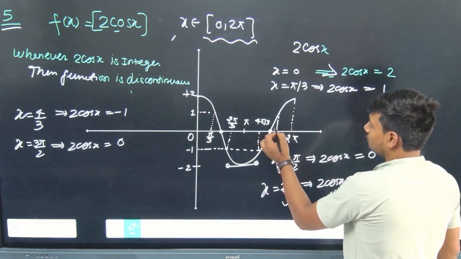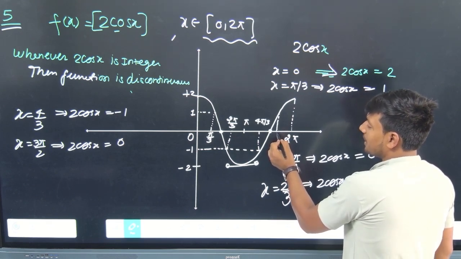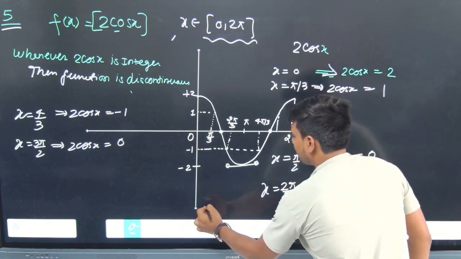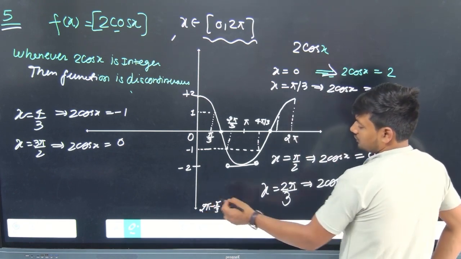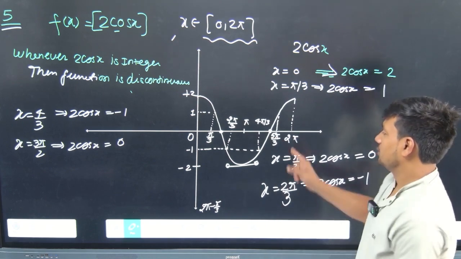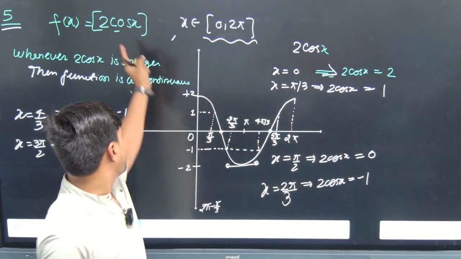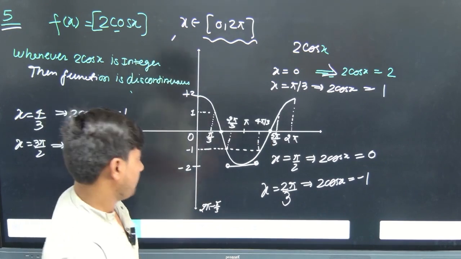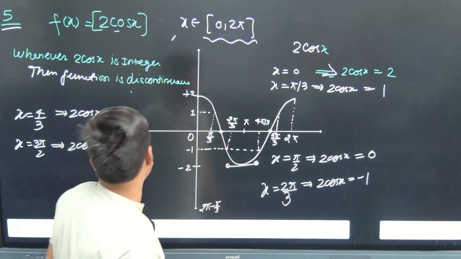After 3 pi by 2 we will reach the fourth quadrant, and this is 2 pi minus pi by 3, that is 5 pi by 3. This is 5 pi by 3. So at x equals 5 pi by 3, again cos x is 1 by 2, so 2 cos x will be 1.